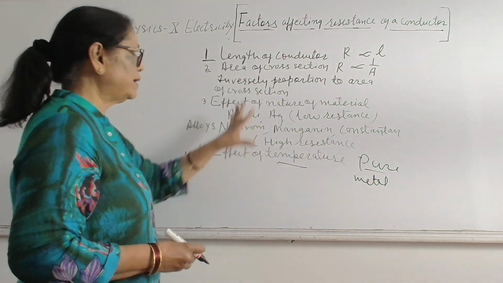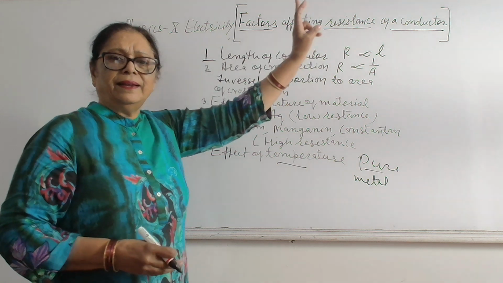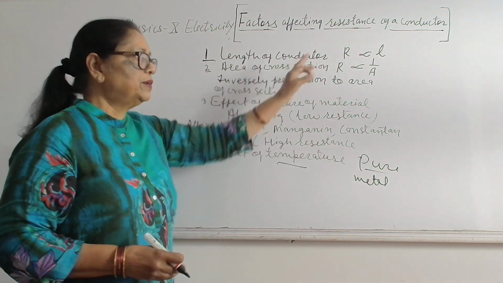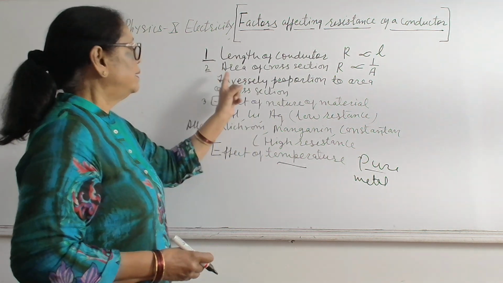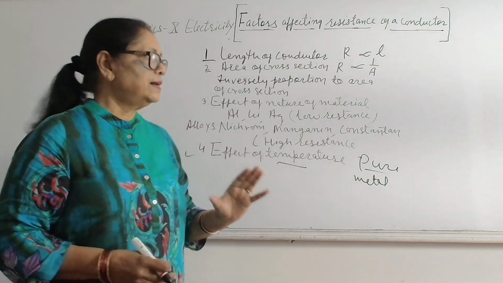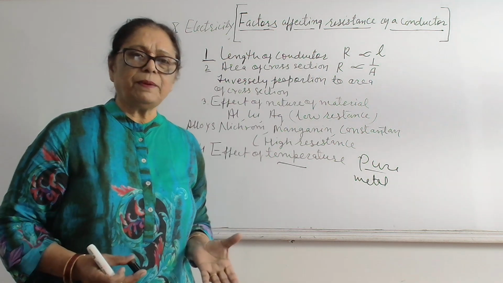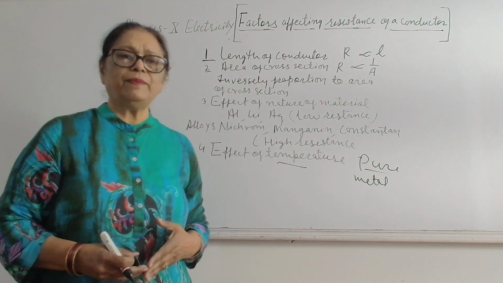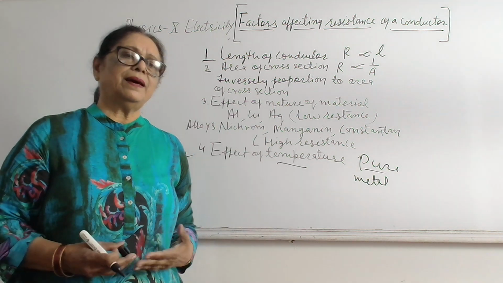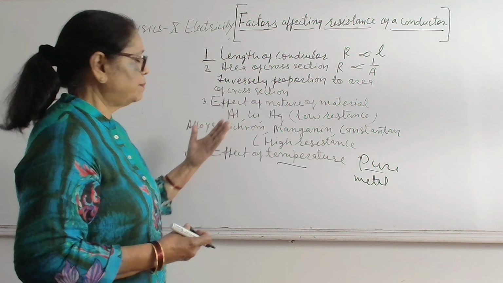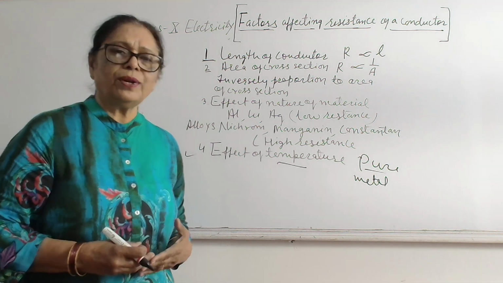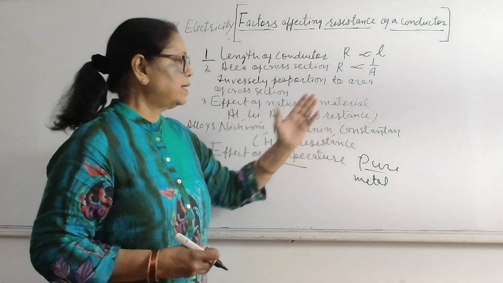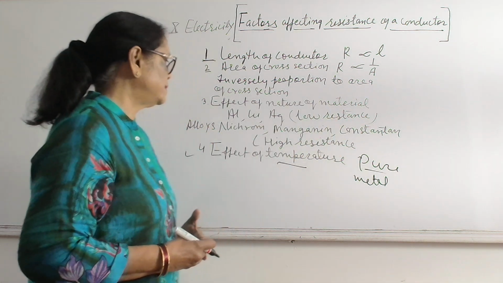So these are the four factors: length of the conductor, that is resistance is directly proportional to the length of the conductor; area of cross section, that is thickness, resistance is inversely proportional to the area of cross section. Number 3, effect of nature of material. Pure metals have low resistance and alloys are having high resistance.